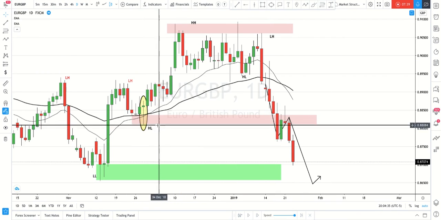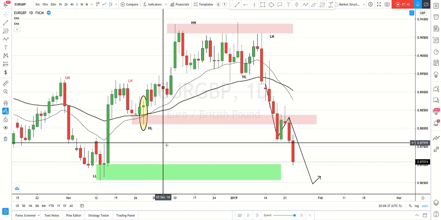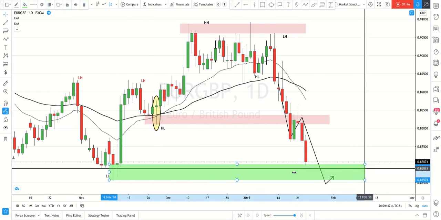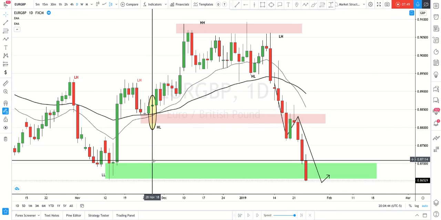So now that we have finally broken past our newest structure point, I want our lowest low to be broken as well and see this support turn into resistance.